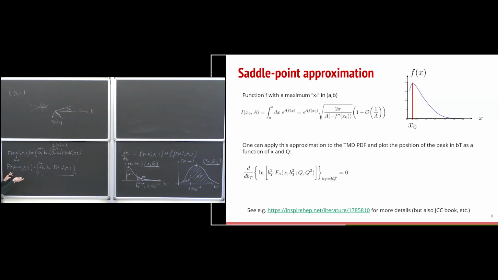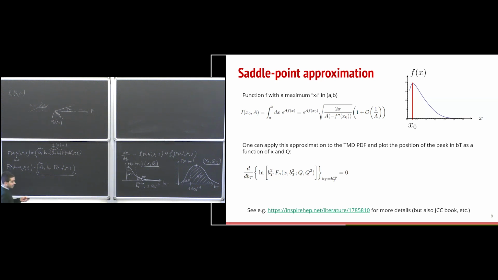If the saddle point is in the small bt region, then this function will be dominated by perturbation theory. If the bt saddle point is in the large bt region, this will be dominated by non-perturbative contributions. So at this point, I leave it in your hands, okay?